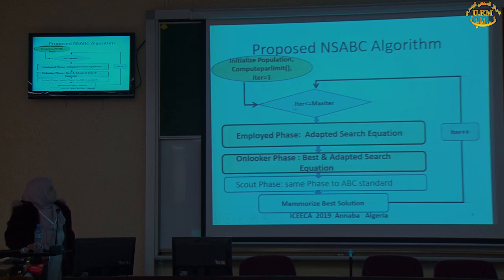We start from iteration 1 to max iteration. We modify the employed phase by an adapted search equation, which I will explain in the next slide. We also modify the onlooker phase by the novel search equation and use prior information about the actual best solution. For the scout phase, we keep it the same as standard artificial bee colony and memorize the best solution.